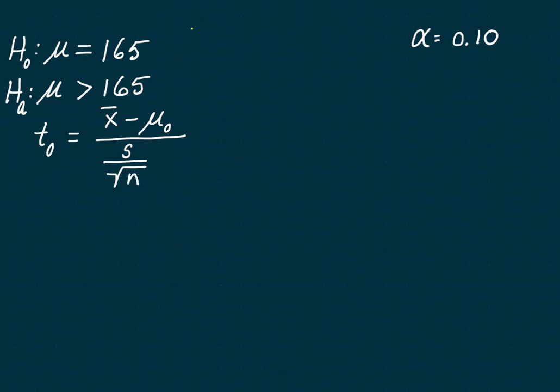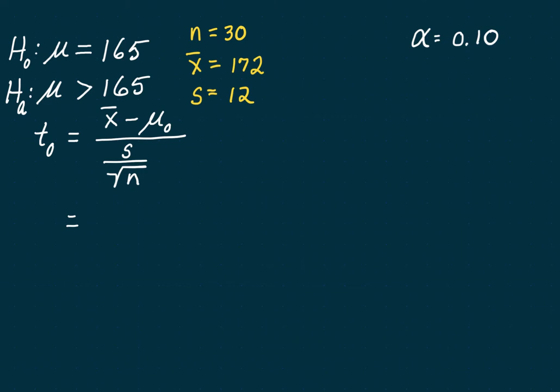So a science officer gathered a sample of 30 tribbles and found that their mean reproductive rate per day was 172, with a standard deviation of 12. Let's calculate our t-value for this specific instance.